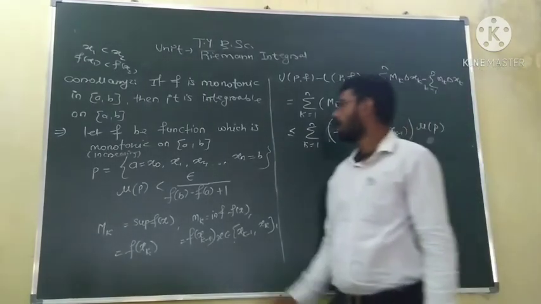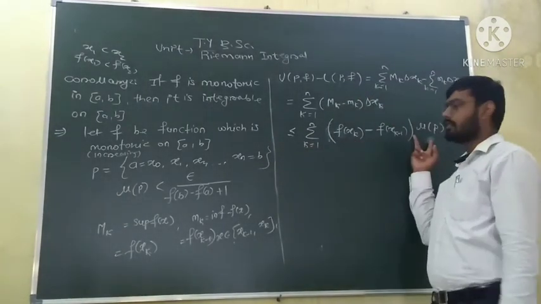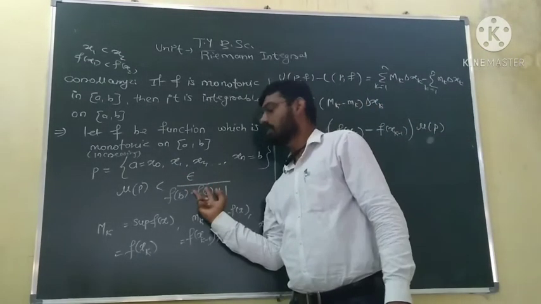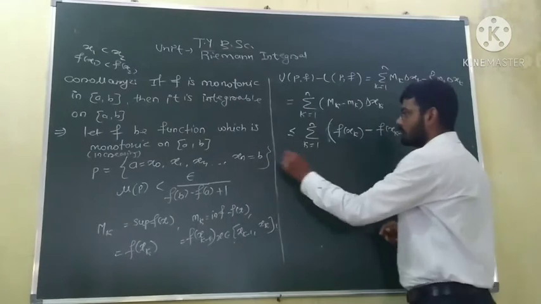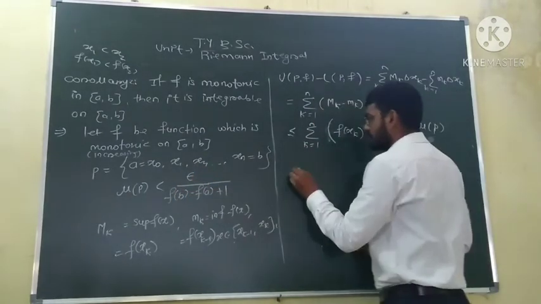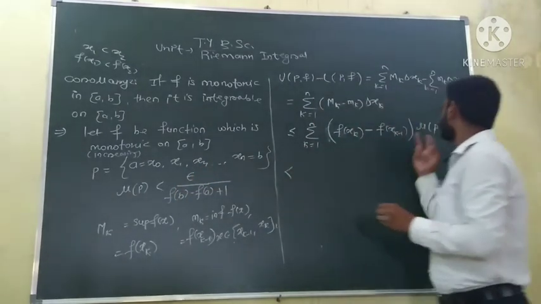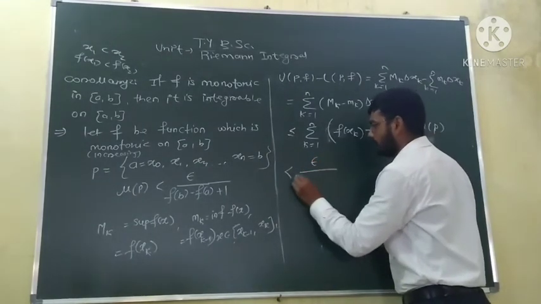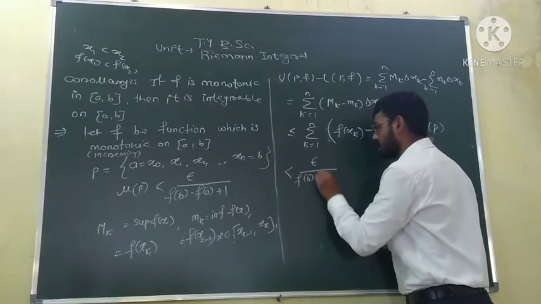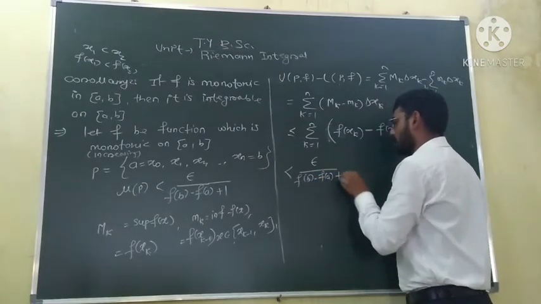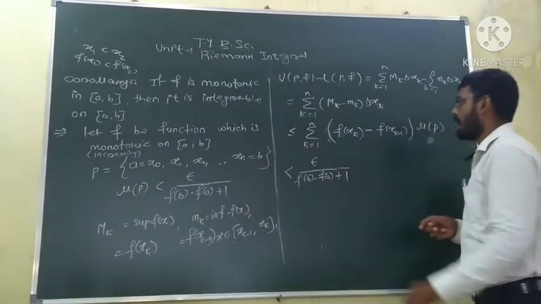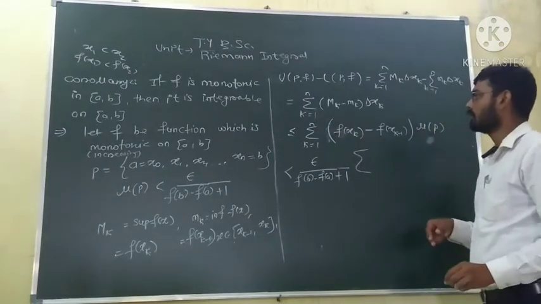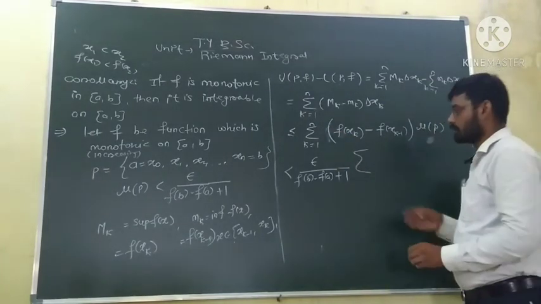Now here the norm of P, and we have taken the norm of P less than this value. So put this value here, and the less than or equal becomes strictly less than. Norm of P is less than epsilon upon f of b minus f of a plus 1, and the summation runs from k equals 1 to n. Now we take this summation.